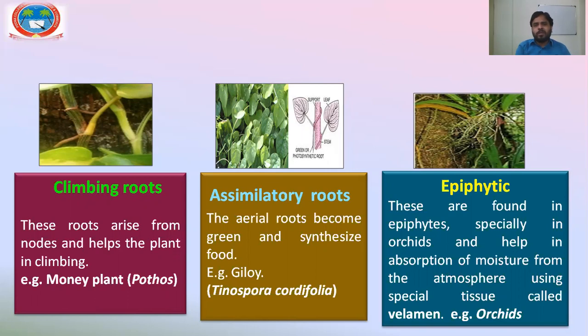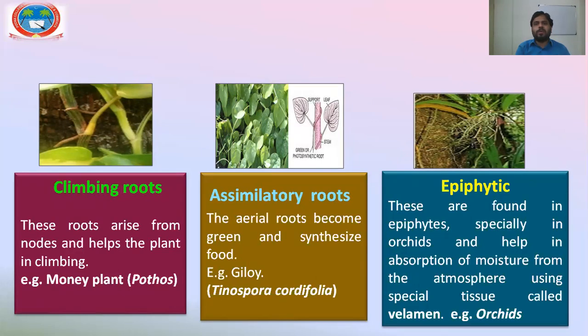Now the epiphytic roots consist of certain cells at their outer portion, which we call filaments. What is the role of these filaments? These epiphytic roots absorb moisture from the environment.